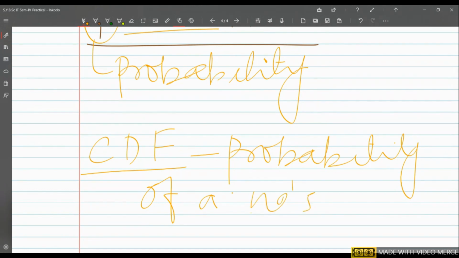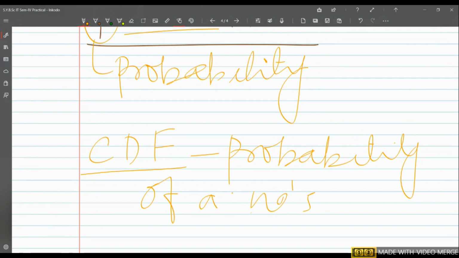So previously we also discussed that dnorm finds the probability density function. Here pnorm again finds the probability distribution of the number from the data set. Then what is actually the difference between dnorm and pnorm? Dnorm finds the probability of a random number only.